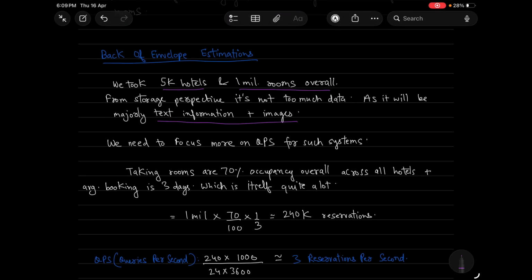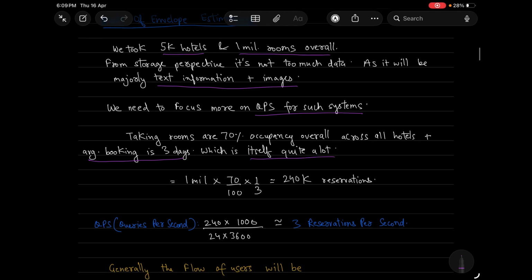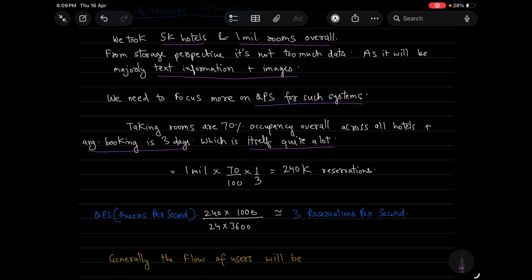We need to focus more on QPS for such systems, which is queries per second. Taking rooms at 70% occupancy overall across all hotels, plus average booking, let's say, is of 3 days, which is itself quite a lot.